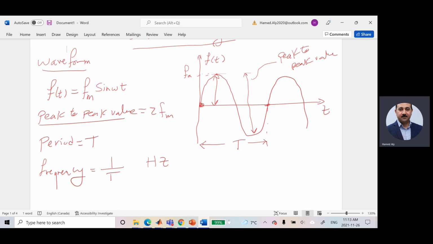We studied before voltage that is constant or current that is constant. But today, we are talking about voltage which is variable. f is representing voltage or current.